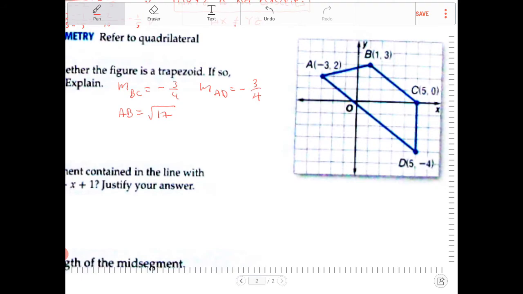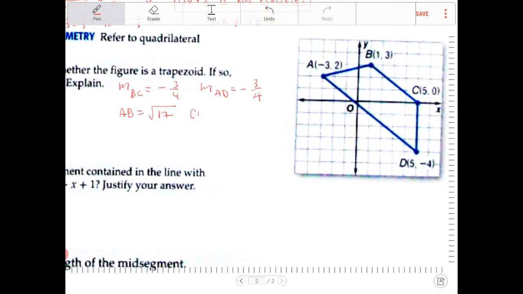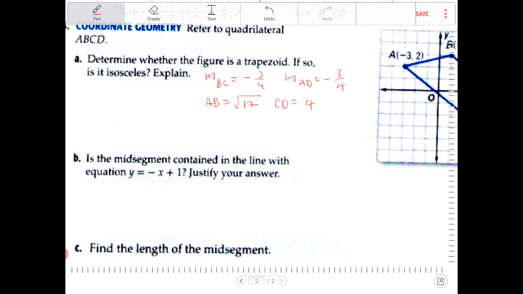And then the length of CD is equal to 4, because I'm going from C to D, I'm going down 4, it's a length of 4. So this is not an isosceles, so ABCD is not isosceles, because AB is not the same as CD.